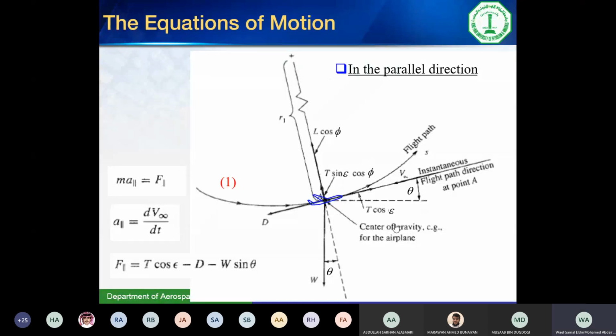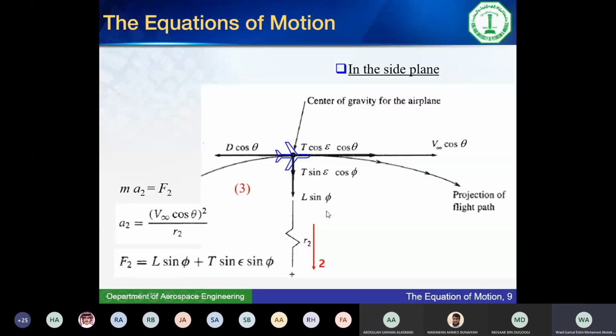Who was that? Abdullah? Yes, Doctor. You see, it says T sine epsilon cosine theta. Shouldn't T on the normal, on the same line as L cosine theta, be just T sine theta? Why is it sine epsilon? Let me follow you on here.